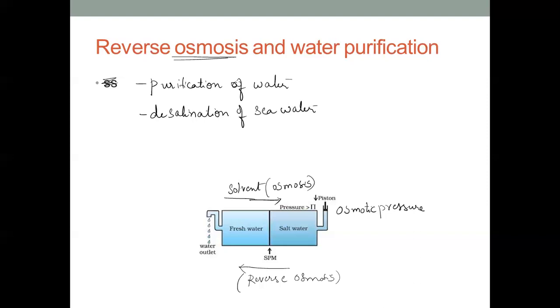What is the membrane used? It is a semi-permeable membrane which is made of cellulose acetate, right? So this is what is osmosis and osmotic pressure and its applications.